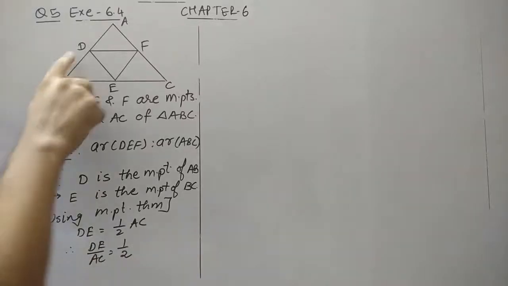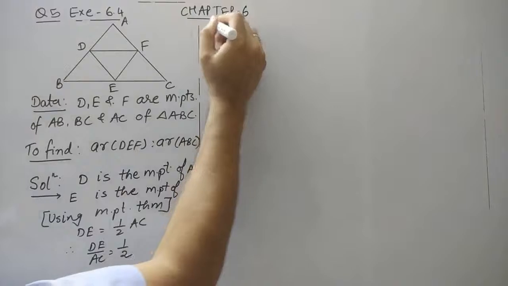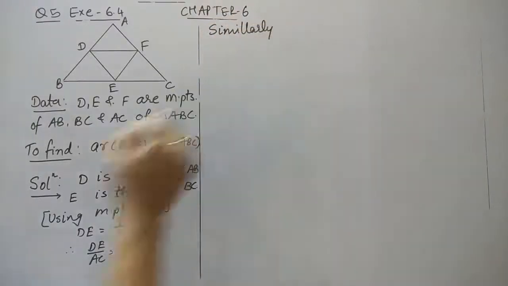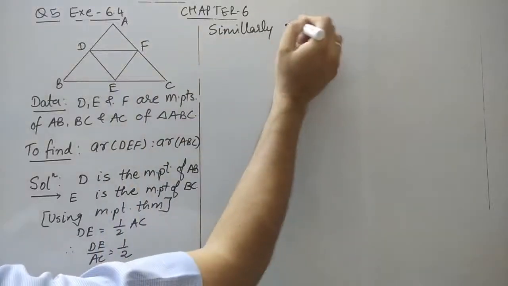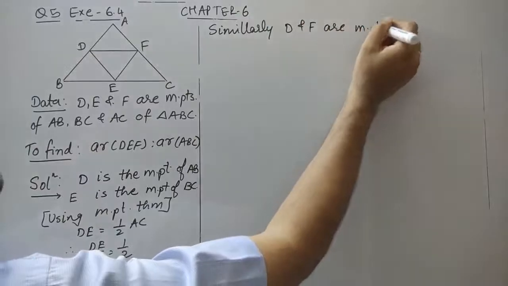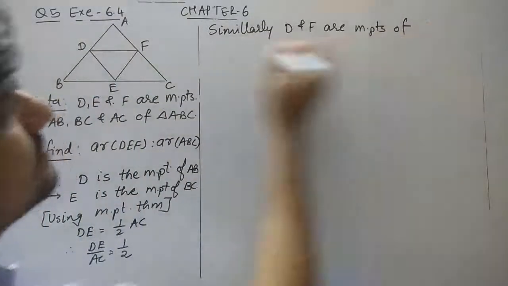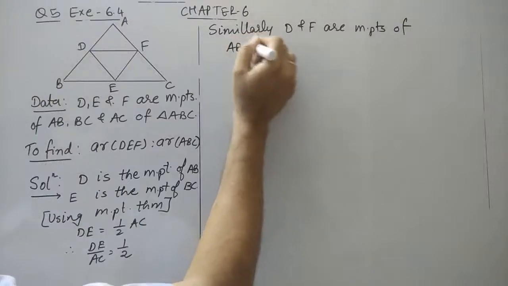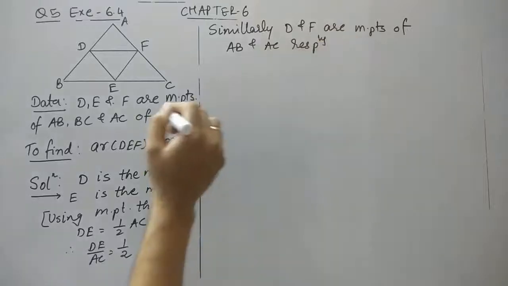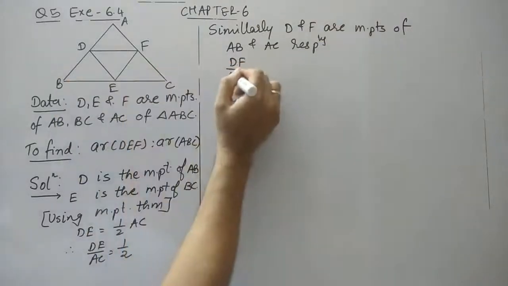Similarly, you can see that D and F are the midpoints of these two sides, AB and AC respectively. So we can say that DF upon BC is equal to half.